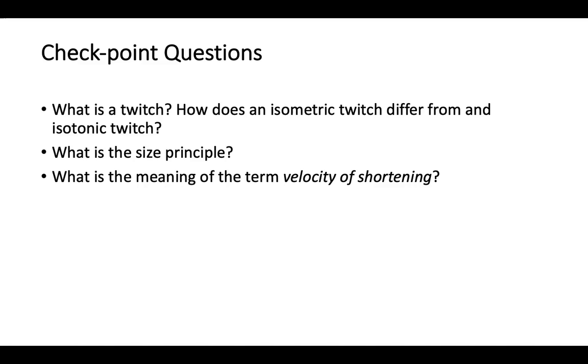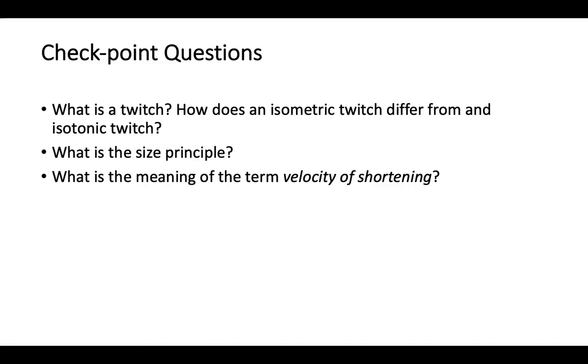So yes, it's basically a discernment of light to heaviest, right? And so we want to recruit the smaller units first. These are used to do smaller work, to lift lighter objects, and then we want to recruit larger ones later on. And someone is also responding in the chat here. It's the order of motor unit recruitment related to the size of the motor units, which is absolutely correct.